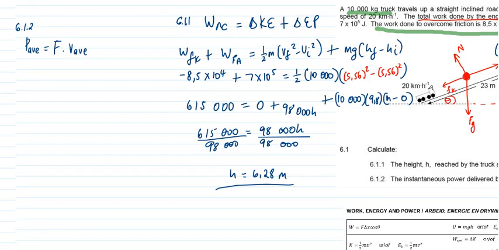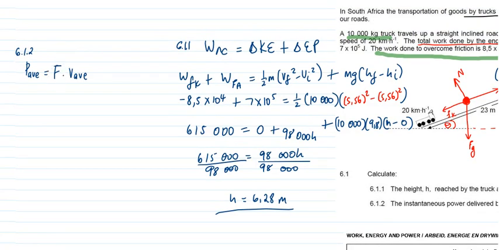Now, what is the force? The force would be the force of the engine, because when you're dealing with power delivered by the truck, you're talking about the force of the engine, because the engine is the one that delivers power to the truck. So this is the force of the engine.